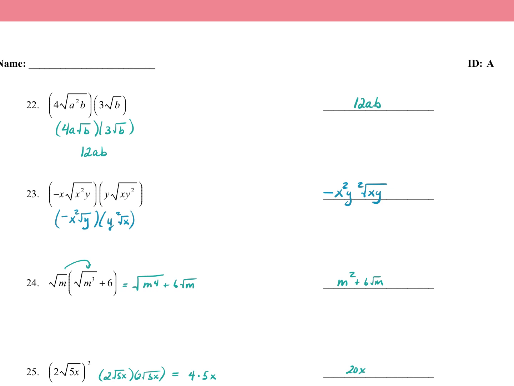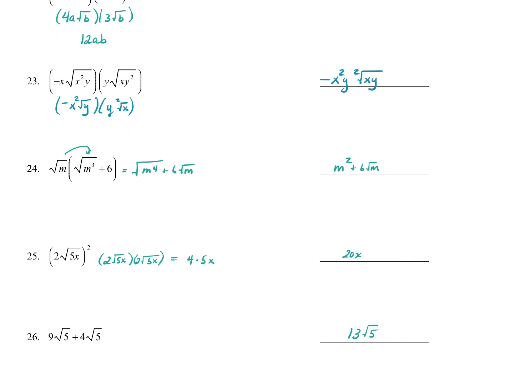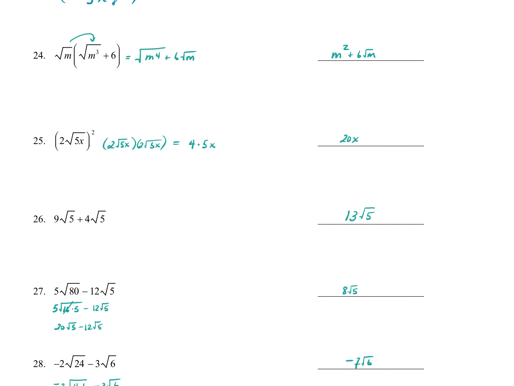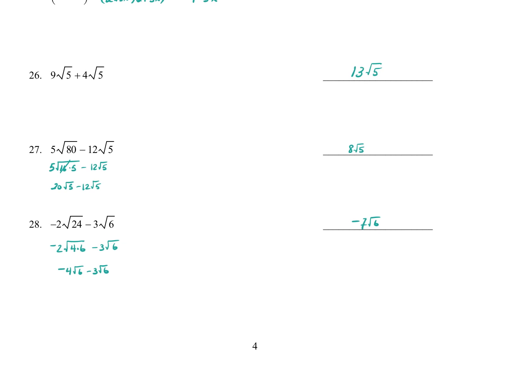So it looks like that's the index, but it's on the exponent. 24, m squared plus 6 root m. 25, 20x. 26, 13 root 5. 27, 8 root 5. 28, negative 7 root 6.